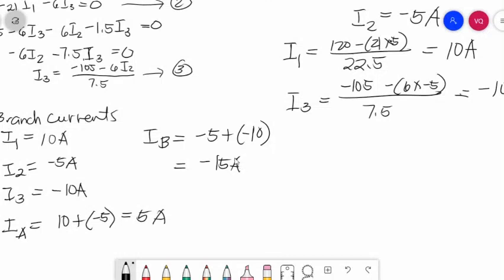So, the direction of I2, para maging positive siya, is clockwise. Same is true here in I3 or 10 amperes, anti-clockwise direction para maging positive din tong IB.